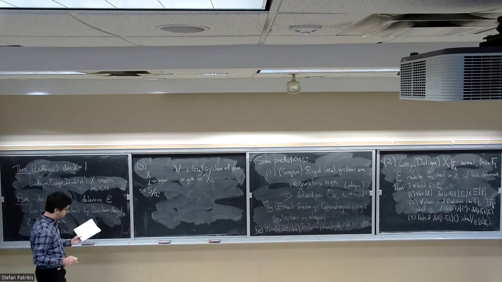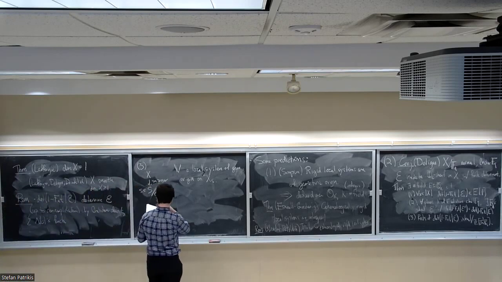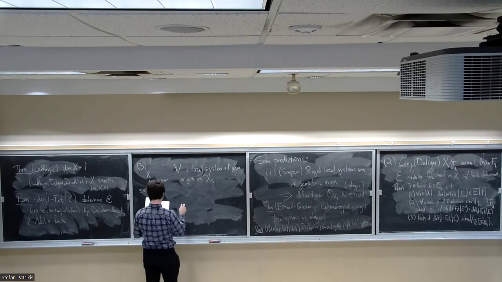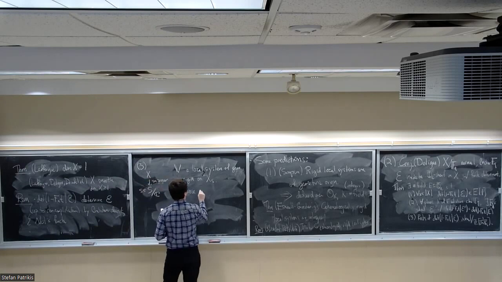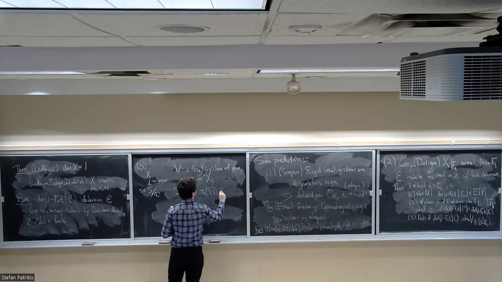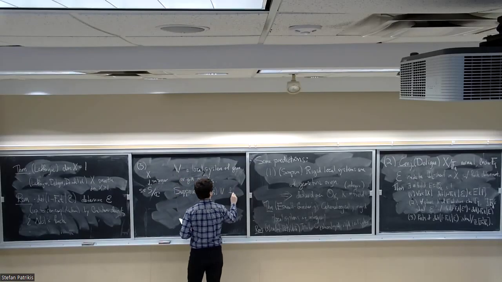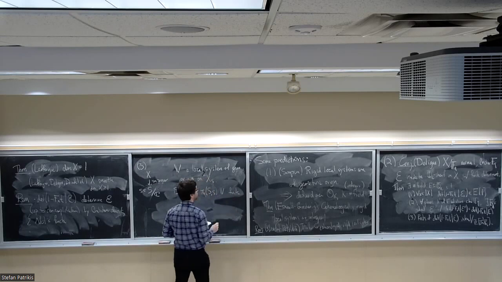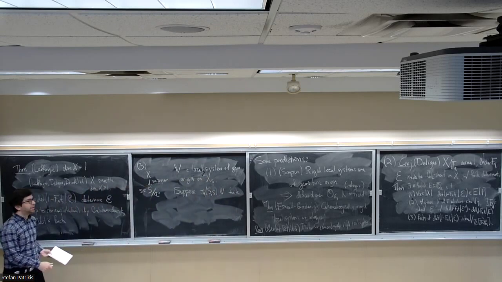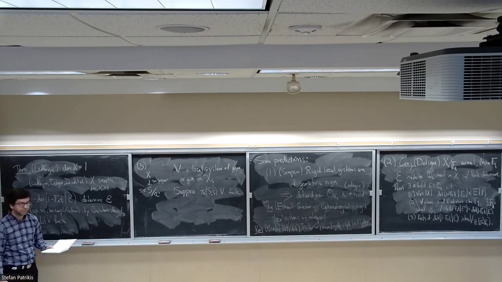Let me say it this way. Suppose the pi_1(S)-orbit of V is finite. This is some purely geometric condition, which we've seen many times before in my previous talks.